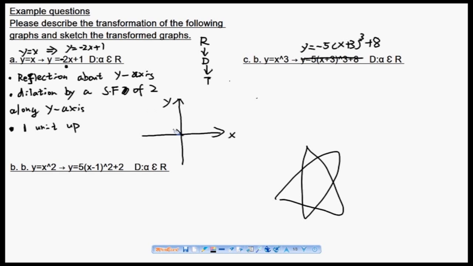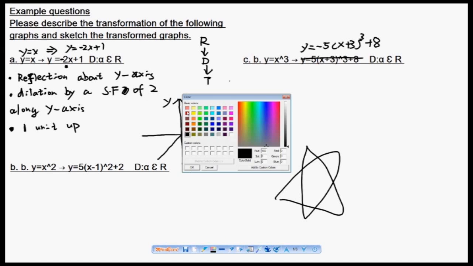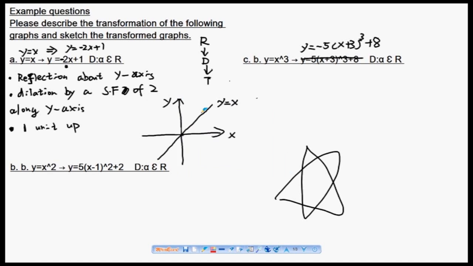Say this is your standard graph, y equals x. Your new graph should have a reflection on the x-axis, so it should look like something like that. With the dilation by a scale factor of 2, the new one after the dilation is something like that.